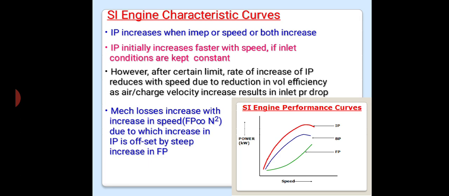However, after a certain limit, the rate of increase of indicated power reduces with speed due to reduction in volumetric efficiency, as charge air or charge velocity increase results in inlet pressure drop. Mechanical losses increase with increase in speed, due to which the increase in indicated power is offset by a steep increase in friction power.